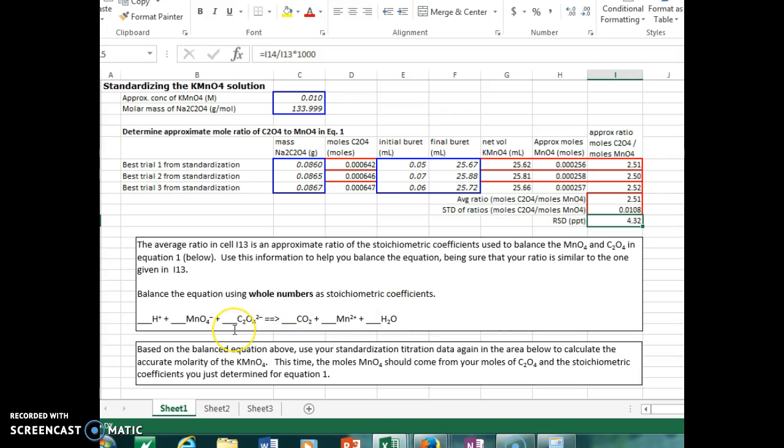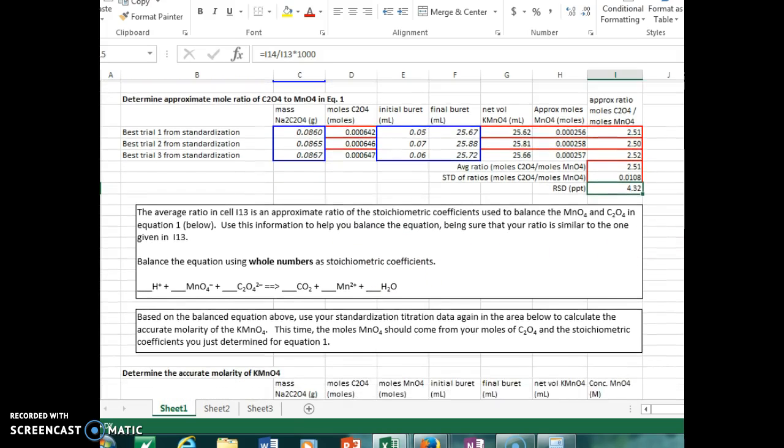So if the ratio of this over this is 2/5, that means that this is 5 and this is 2. Now we will have gone over how to balance this in class, so you shouldn't have to worry about that. But after this first week, this was just trying to figure out the ratio to solve the balanced equation.